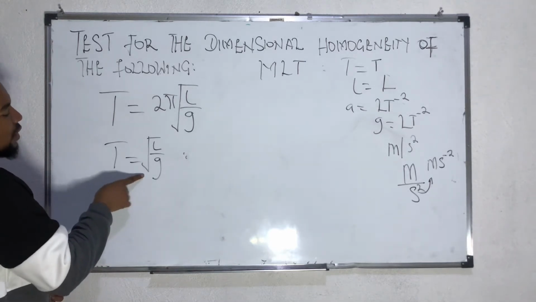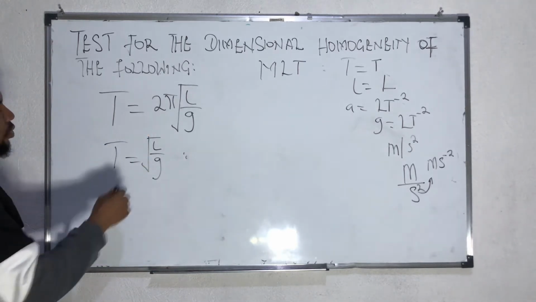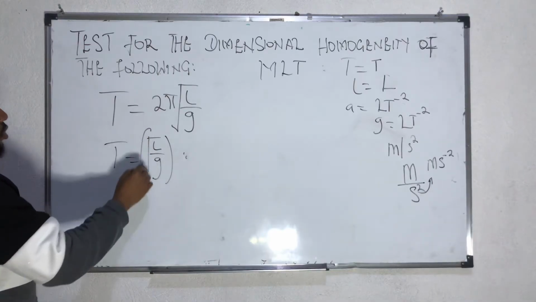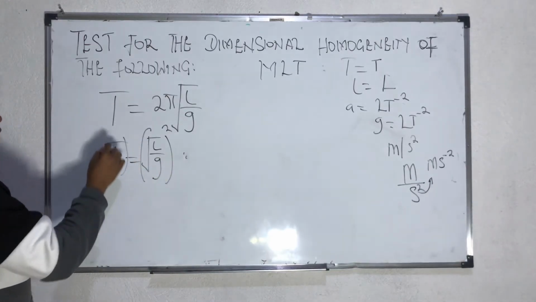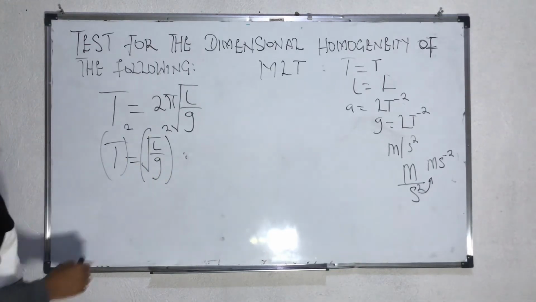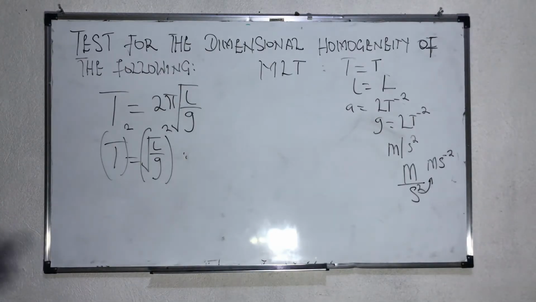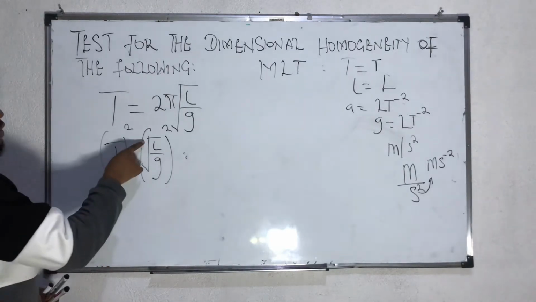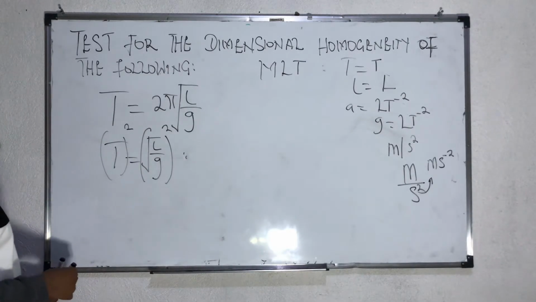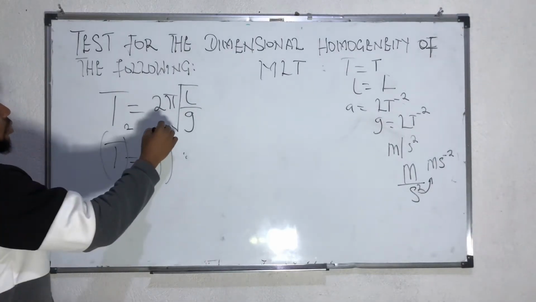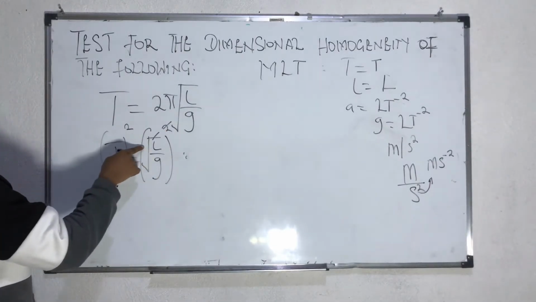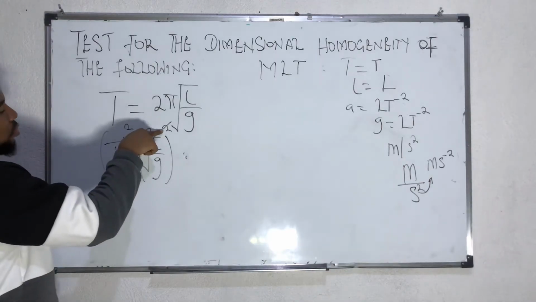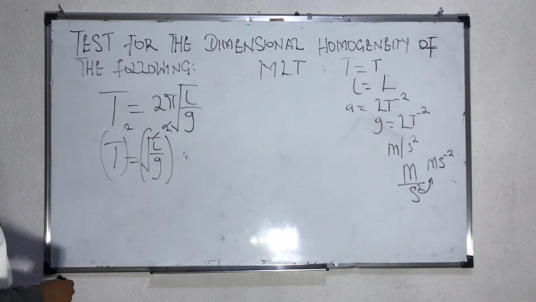To remove this square root, I'm going to simply square both sides. The reason why I'm squaring both sides is because I want to remove this square root right here. And mathematically, it is correct to cancel this. This square inside the bracket can cancel out with the power of 2.